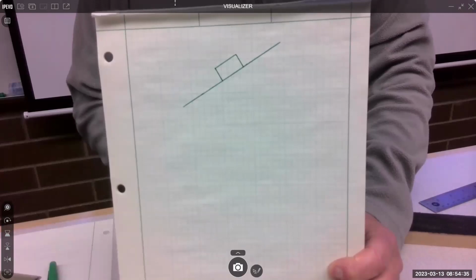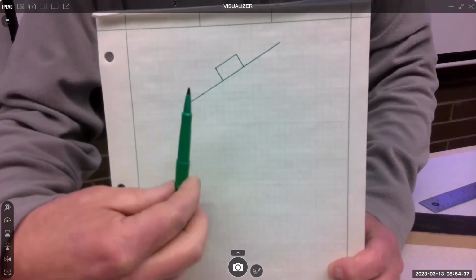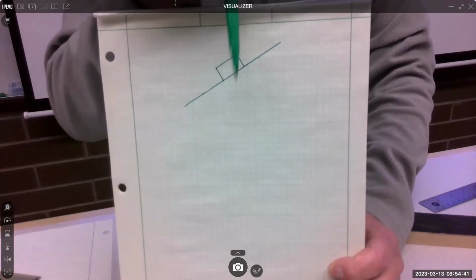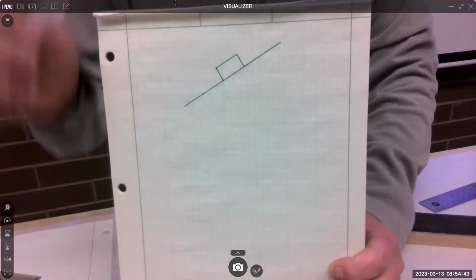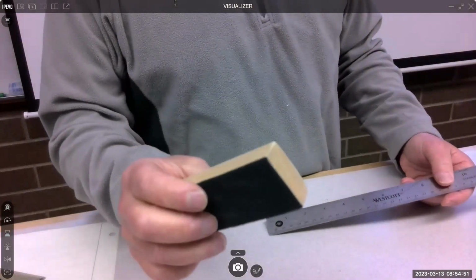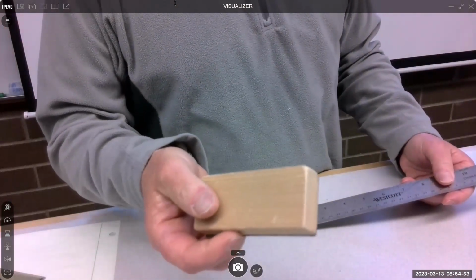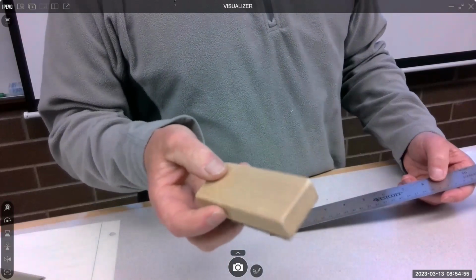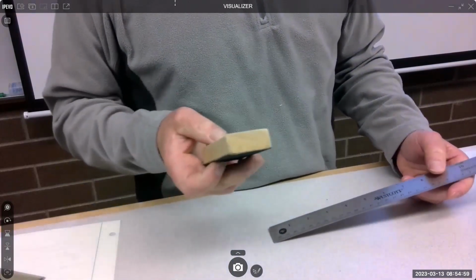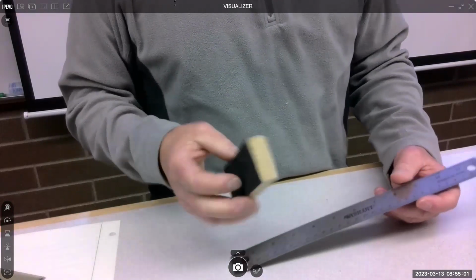The weight always acts vertically downward, right? So as the slope changes, see if I can do this. There are two sides to these blocks, a sandpaper side and a smooth side. They should slide at different points. It's not always true because the two surfaces are hard to get to work correctly.